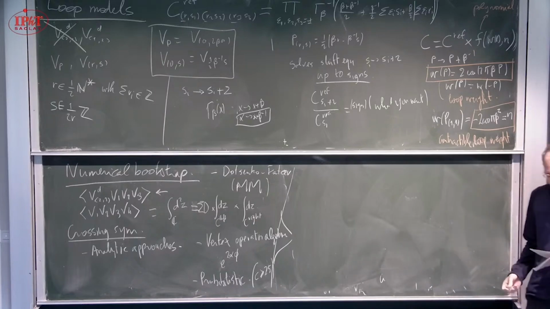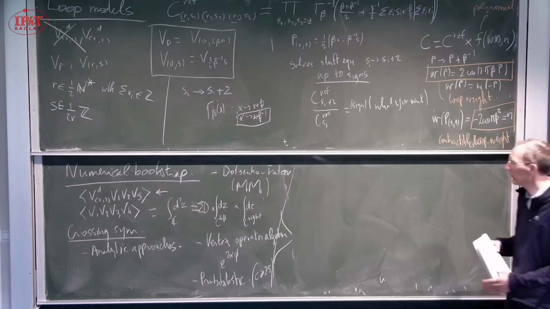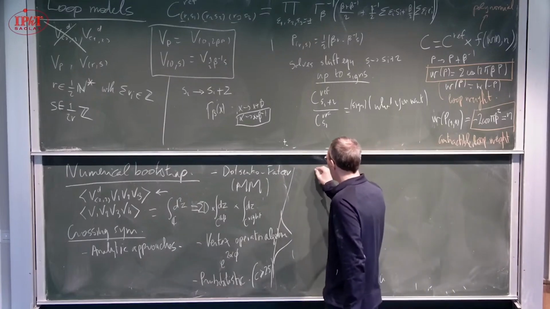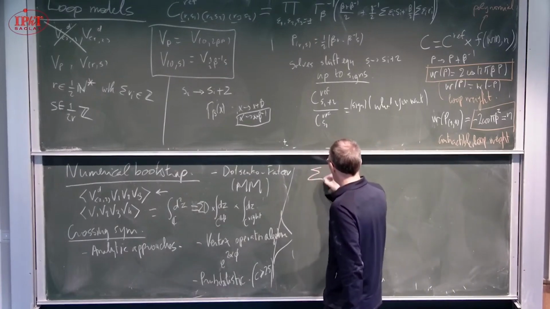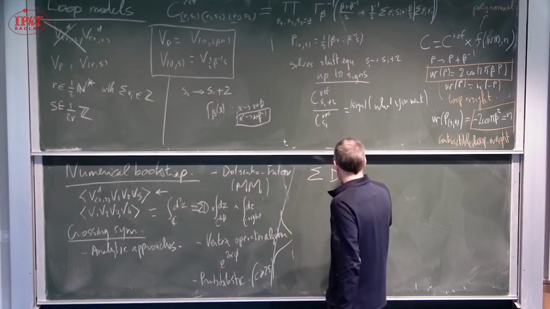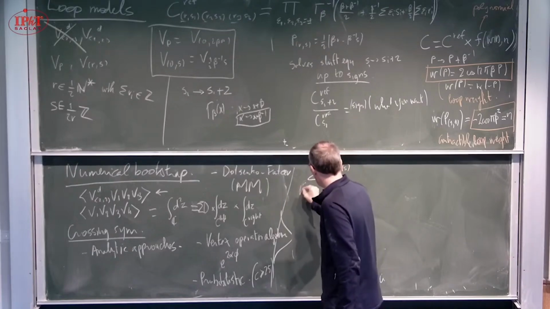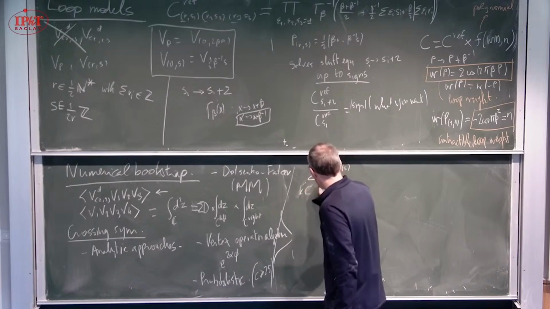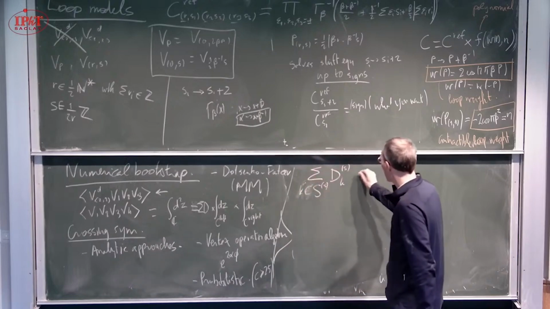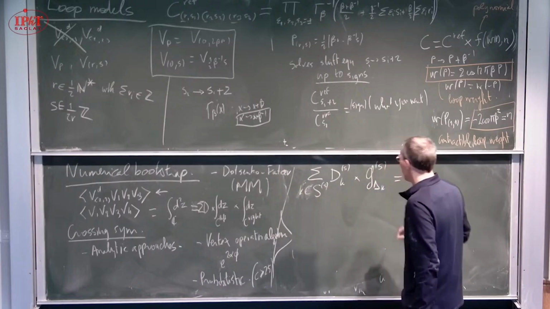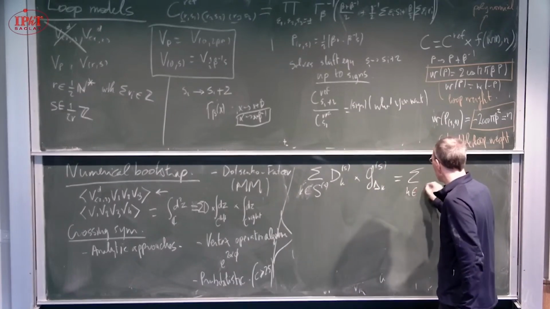So let me sketch what happens when you want to solve crossing symmetry numerically. Crossing symmetry, let me remind you, is the equality between S and T channel. So you sum over the S channel spectrum the structure constants times some conformal blocks, D_Δk, and you want this to be equal to the same in the T channel.